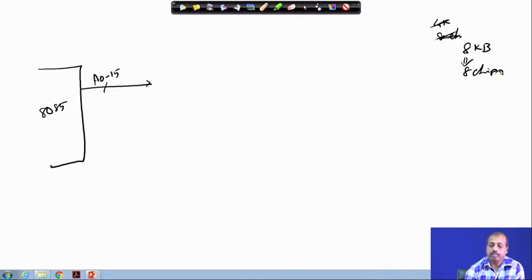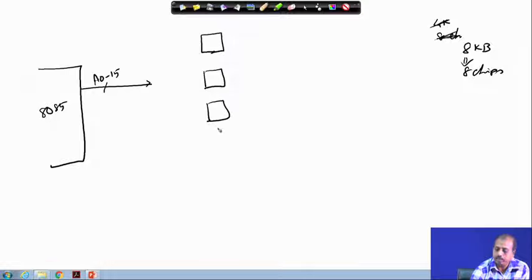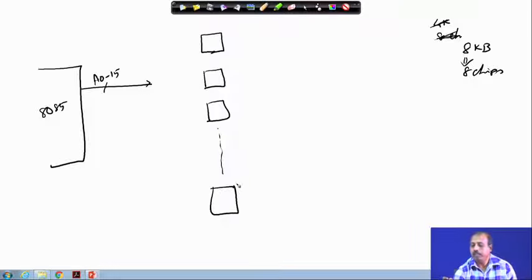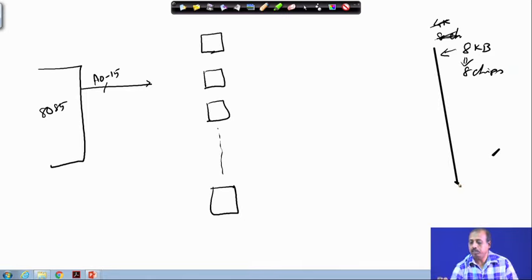So, what can I do? I can put 8 such chips in this fashion. For 8 kilobyte, the address lines needed are 10 plus 3, 13 bits. So, 13 bits are the address lines for these individual chips.